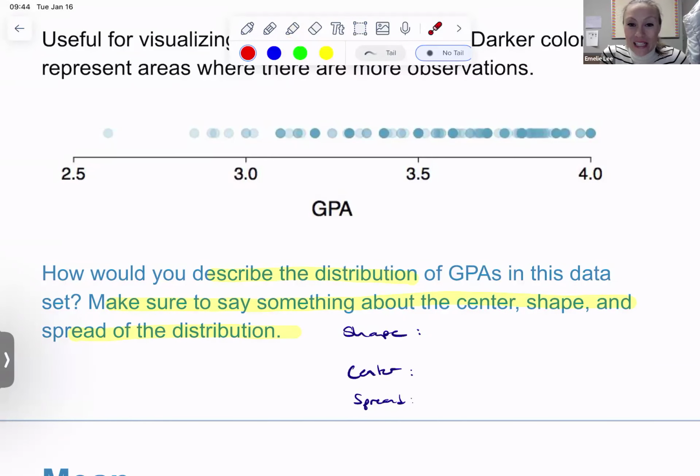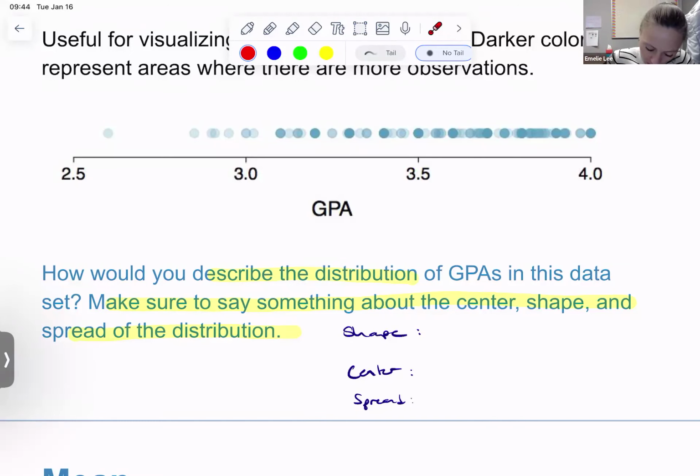So this is going to take a little bit of work, just to visualize this. And this is why I don't really like dot plots, because they're harder to work with. But the darker an area is, the higher the bars would go if you were to stack them all on top of each other, which is another example that's coming up.